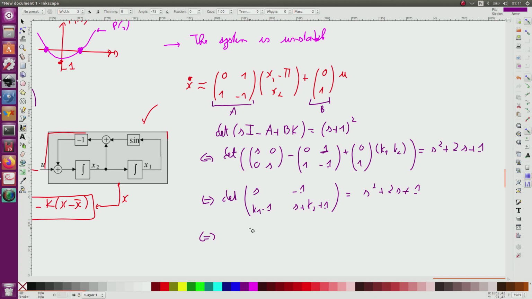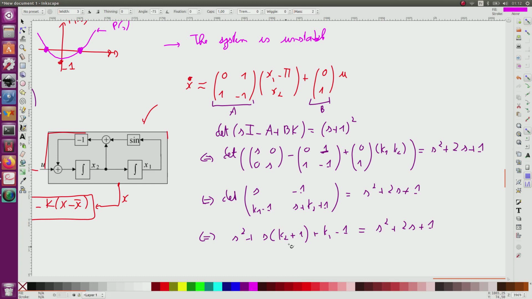This is equivalent to s squared, so I compute the determinant, s squared plus s times k2 plus 1 plus k1 minus 1, and it is equal to this polynomial.